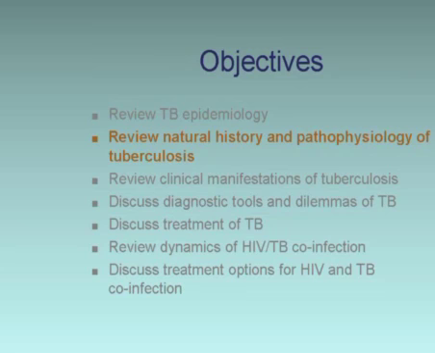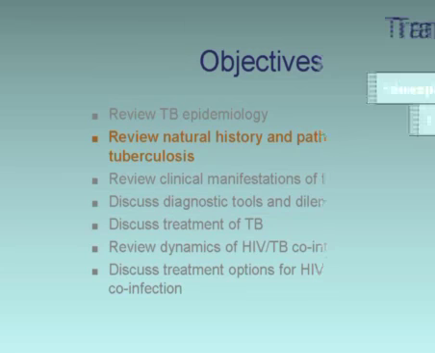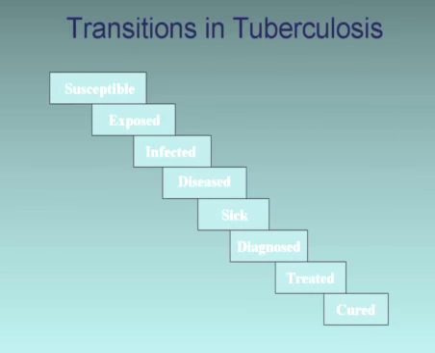So if you're going to learn about TB, you have to know how does it occur and how does it work? How does it make you sick? Well, there's different transitions when you become TB infected. First of all, you're susceptible. Now, what makes you susceptible? Well, everybody's susceptible. Nobody's immune to TB. And then you're exposed. What does that mean?